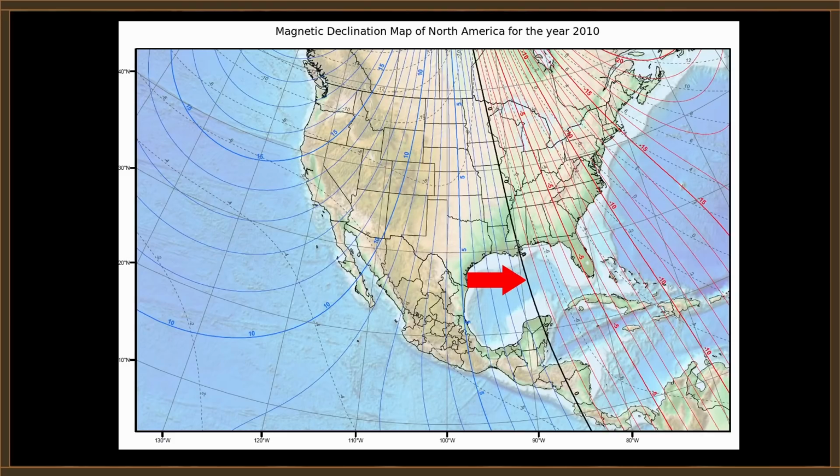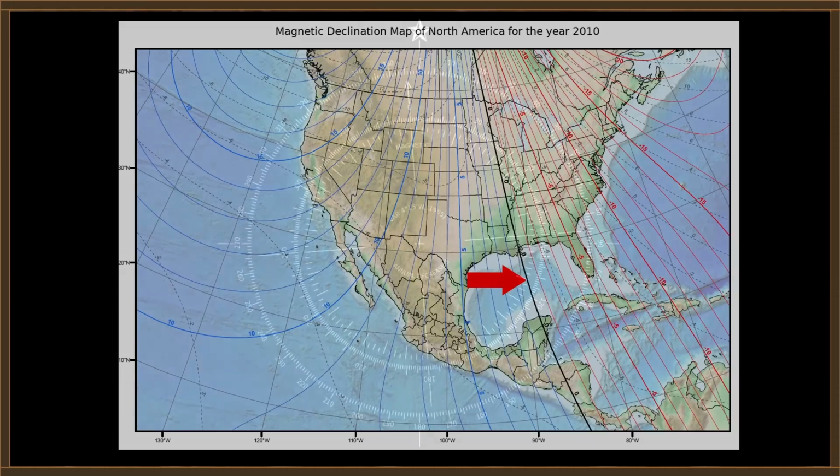That's indicating that the compass is pointing west of true north. On the other hand, if you're left or west of the agonic line, those declinations are positive. That's an east declination. That means the compass needle is pointing to the east of true north.